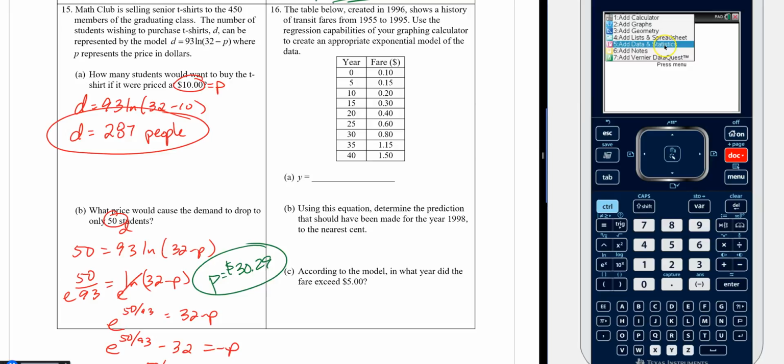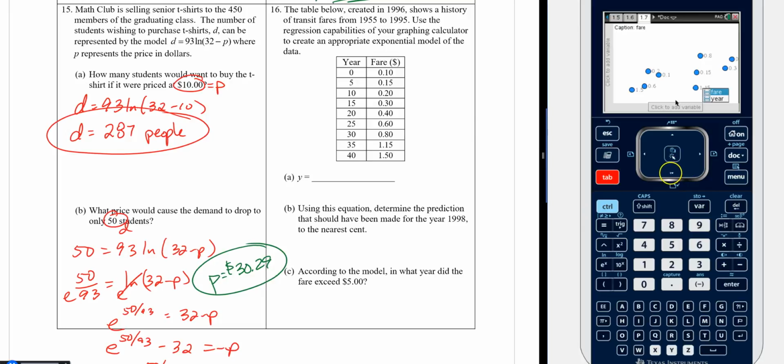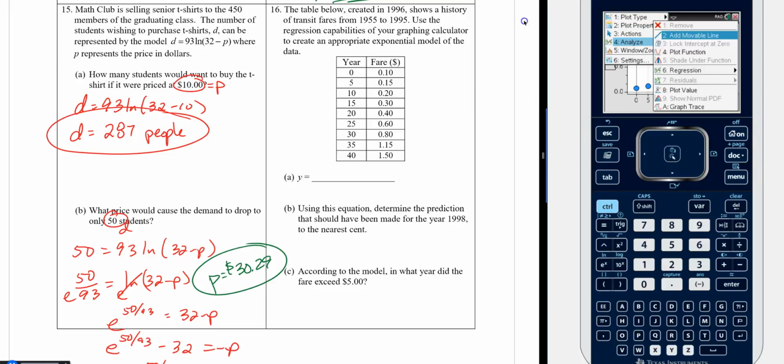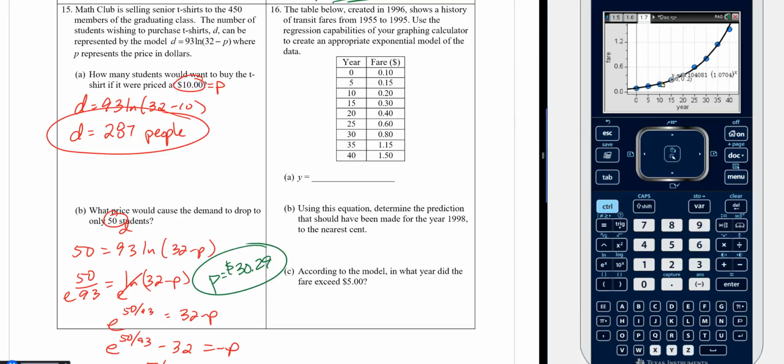This time we're going to add a statistics page, where we press Tab. We want the x value to be years. Tab again to find the y variable, and that's going to be our fare. There's my function that looks exponential. Menu, analyze graph, regression, and we want to show the exponential function.